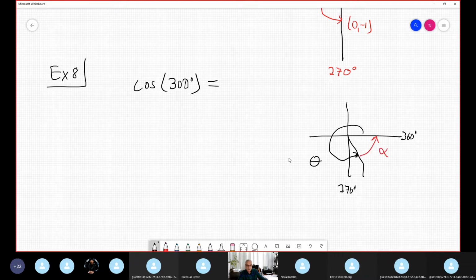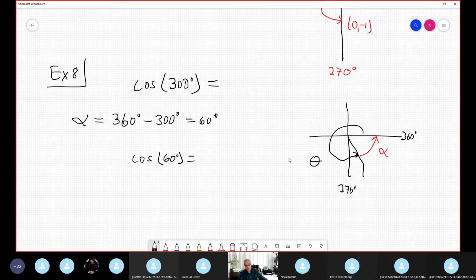So what is the idea? Alpha is 360 minus 300, which is 60. So I know very well that cosine 300 is equivalent to cosine of 60, at least the value, not the sign. And cosine 60, I know by memory, in the first quadrant is 1/2. Therefore cosine 300 is 1/2, but I adjust the sign.